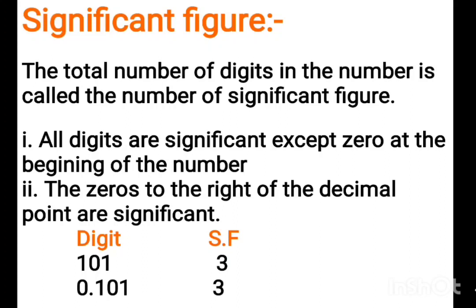Next one, the zeros to the right of the decimal point are significant. If you put the zero after the decimal on the right side, there may be significance and they may be counted. Suppose decimal এর পরে তুমি জিরো বসাও তো সেই জিরোর কাউন্ট হলেও হতে পারে, ঠিক আছে?